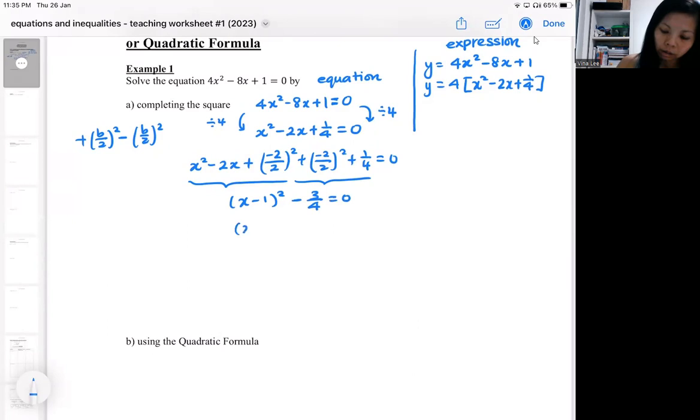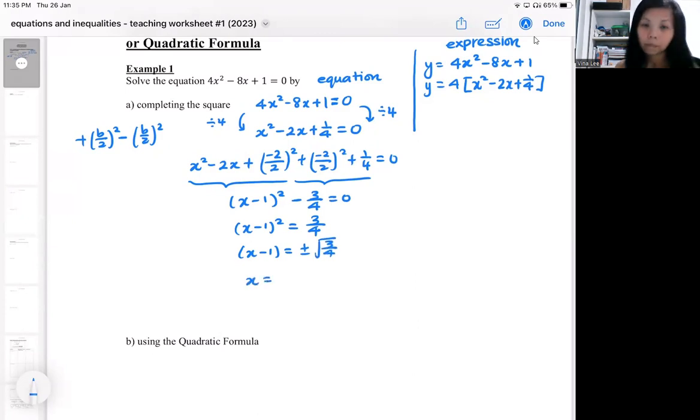From here, you solve by bringing over the 3/4 and taking the square roots. When you take square root, there will be the positive root and the negative root. Using the positive root, I bring over the minus 1. Using the negative square root, I also bring over the minus 1.